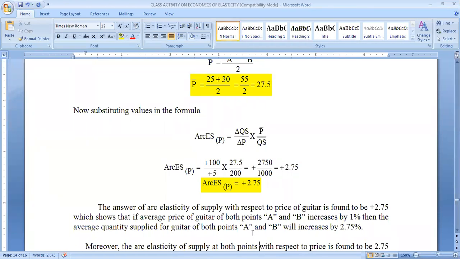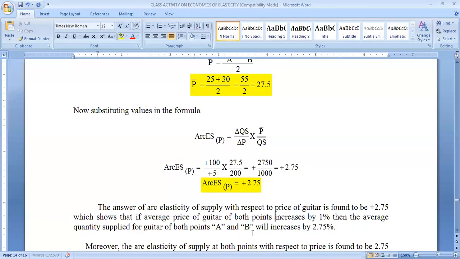The answer of arc elasticity of supply with respect to price of guitar is found to be plus 2.75, which shows that if average price of guitar of both points increases by 1%, then average quantity supplied for guitar of both points will increase by 2.75%, right?